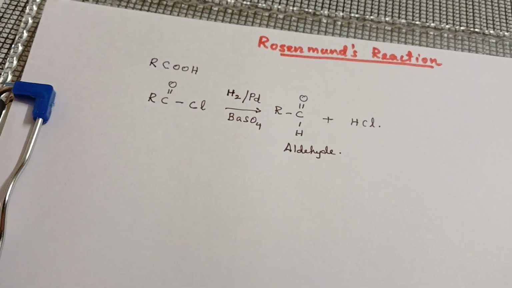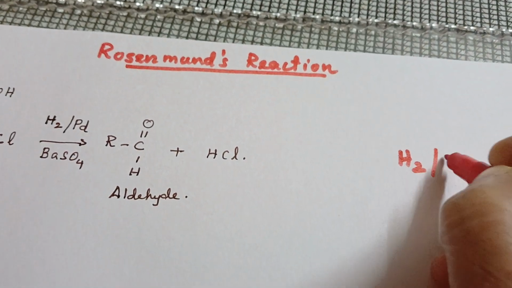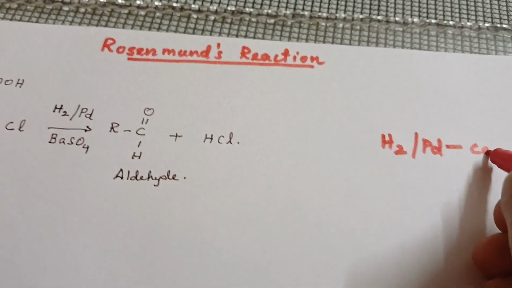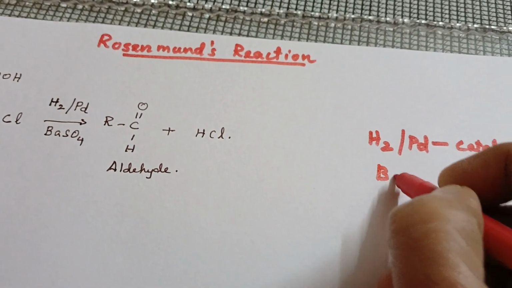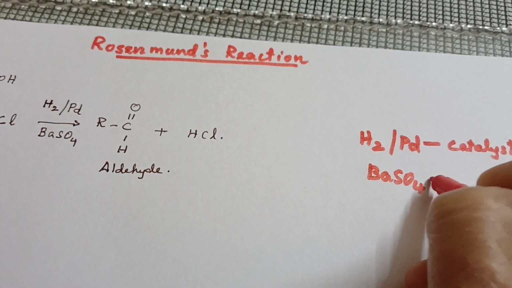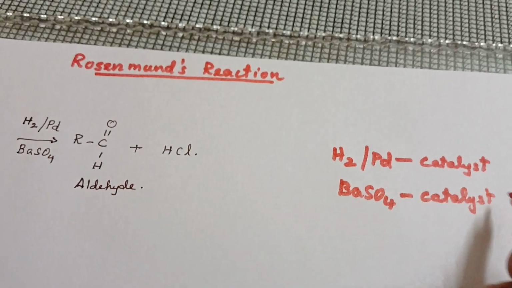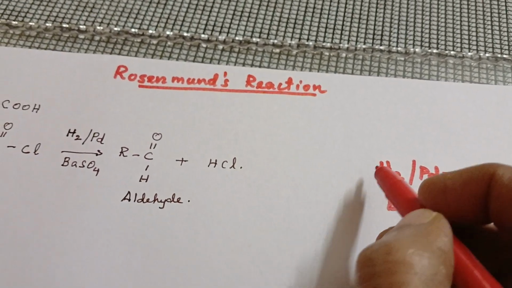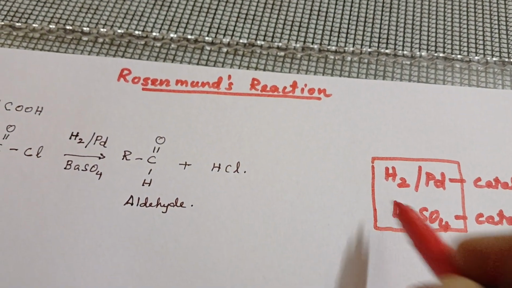So we can say that hydrogen in the presence of palladium, palladium is the catalyst, and barium sulfate will act as a catalyst poison or something which retards the reaction. So you have to remember this.